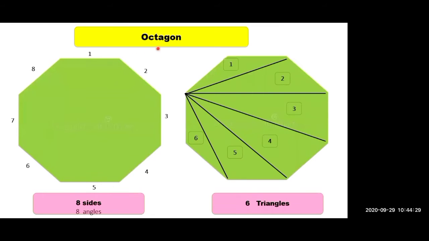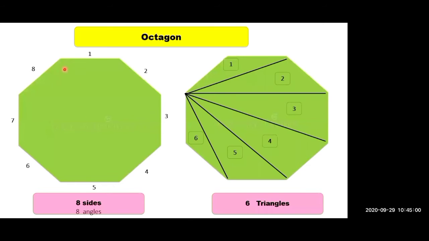Now, what is the name of this polygon? Octagon. Octa means 8. So how many sides are there in octagon? 1, 2, 3, 4, 5, 6, 7 and 8 sides.